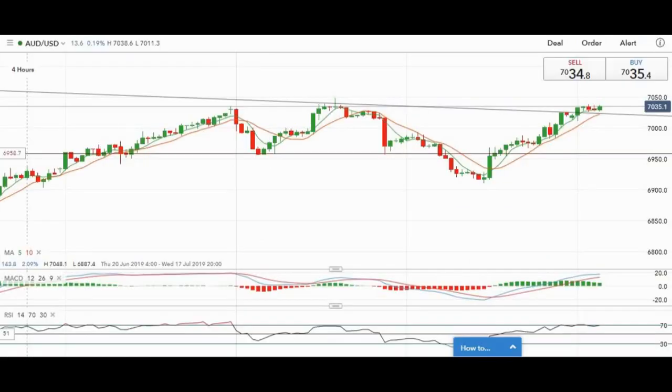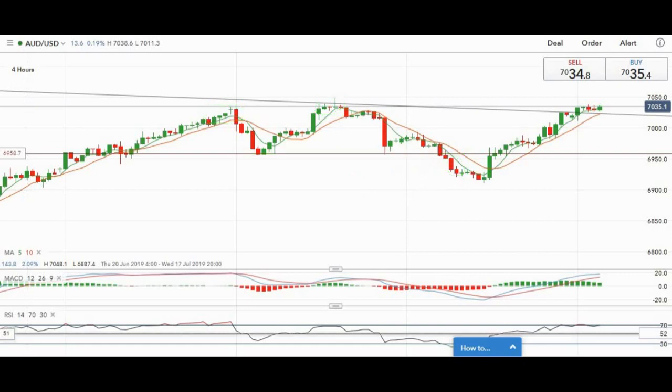So coming back to our Australian dollar US dollar example where the second top is higher than the first top, we can see that the point at which the market pushed past the neckline around this 6,958 level was this candle here, this relatively strong bearish red candle. So this could have been a point at which you could have entered the market.